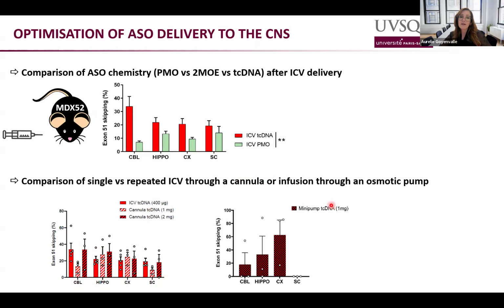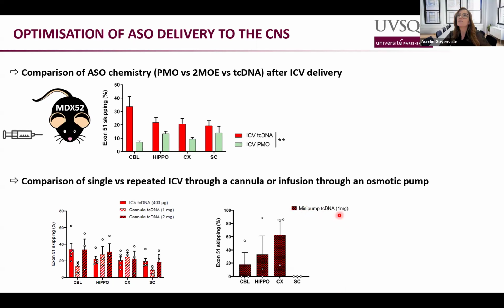We also compared with an administration of oligonucleotides using mini pumps. Osmotic pumps are implanted at the back of the mice, and can deliver the oligonucleotides over a very long period, for example here about 2 weeks. In that way, we can inject even higher amounts.